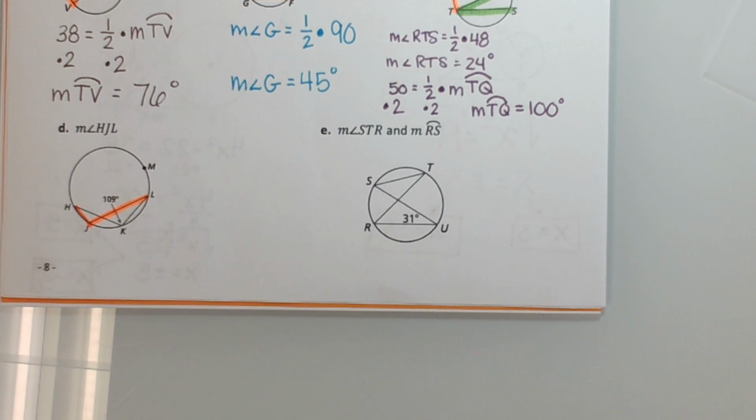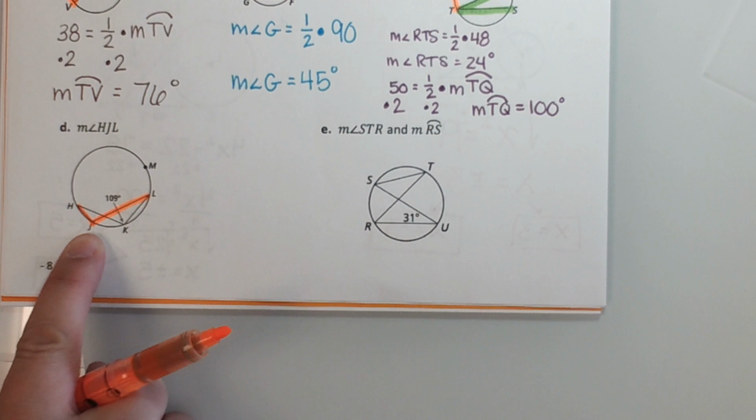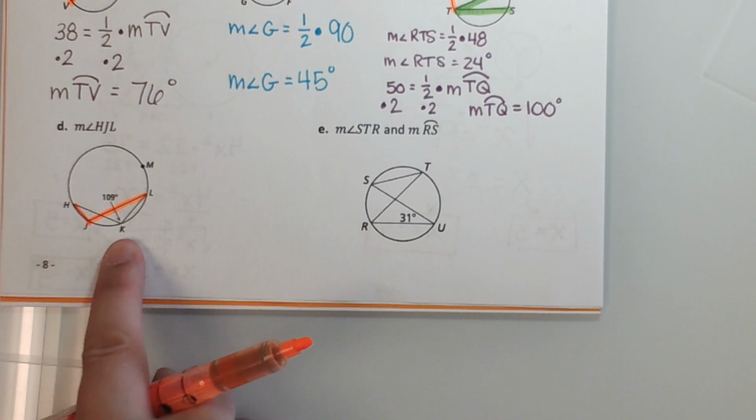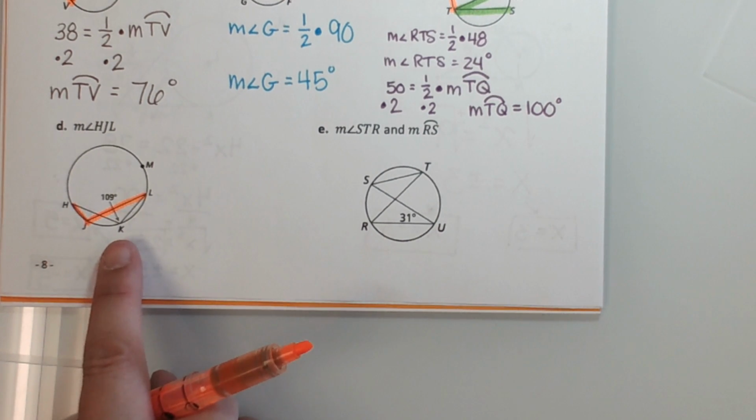The 109 is an angle. That there happens to be an inscribed angle, the one we're looking for. Is that an inscribed angle? Yes.